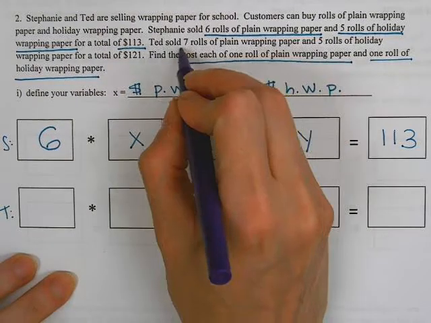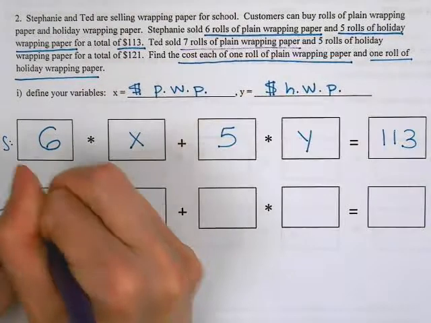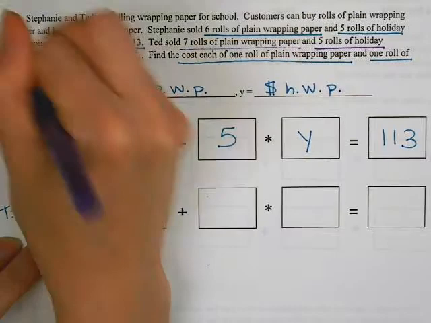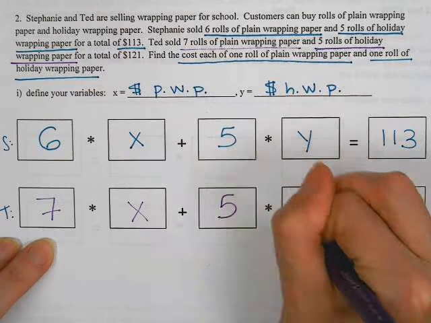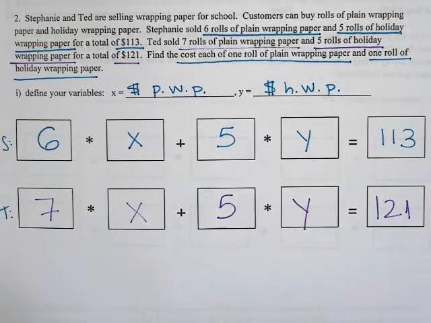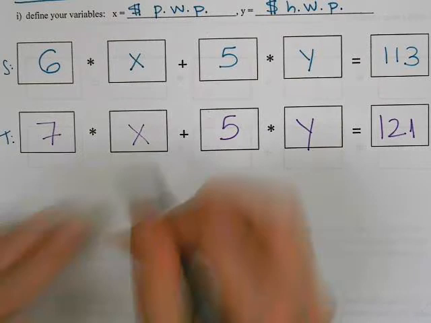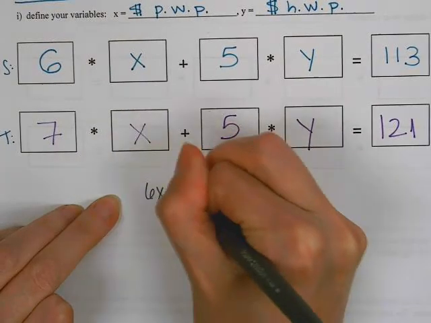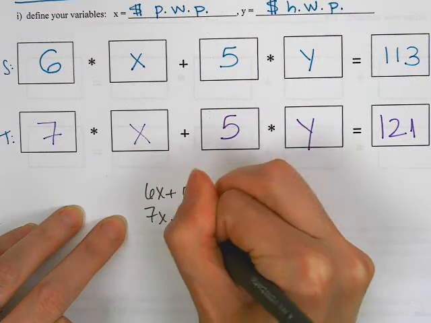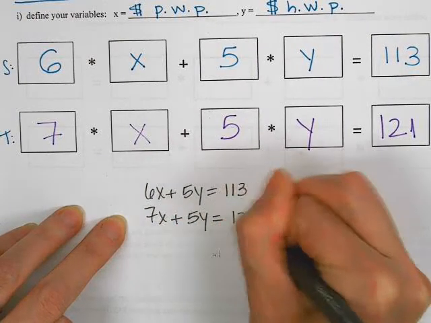Ted sold 7 rolls of plain, so 7 times x, plus 5 rolls of holiday, so 5 times y, and his total was 121. All right, let's rewrite it and solve it. So we got 6x plus 5y equals 113, and 7x plus 5y equals 121.